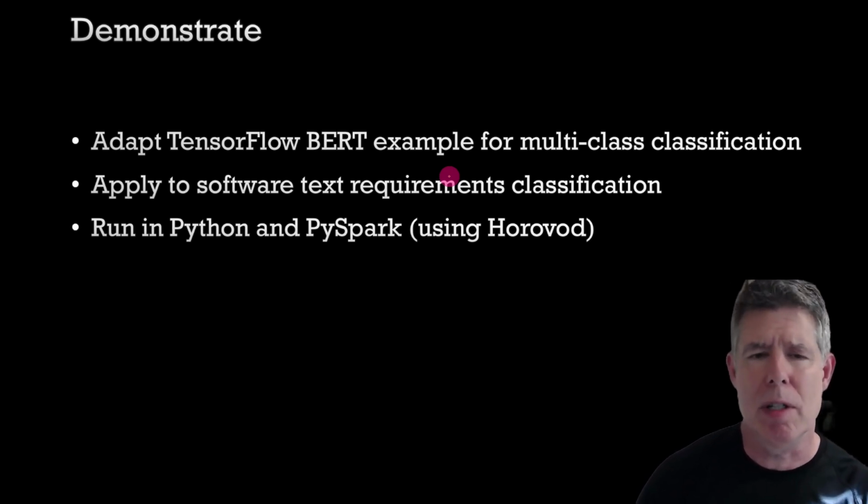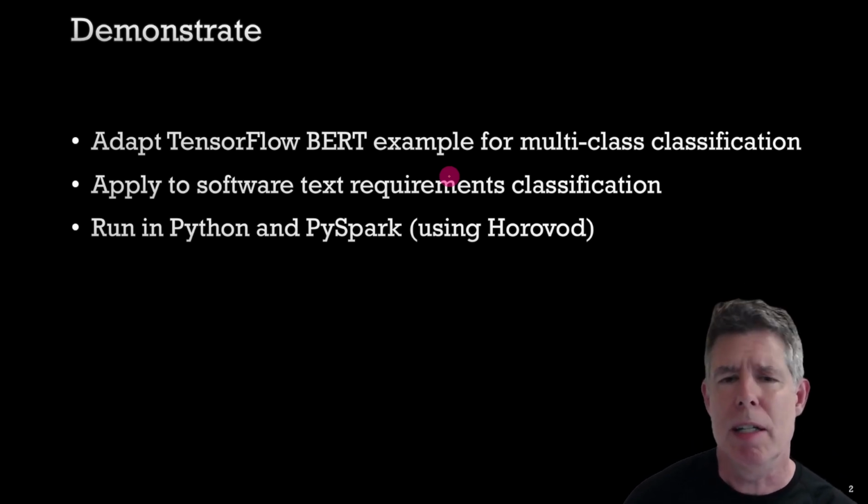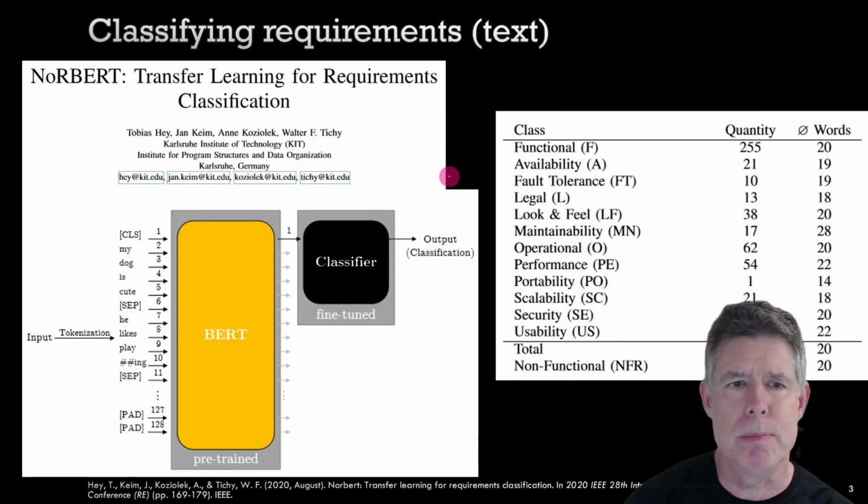In this case, it's similar to another project that's already been completed where the researchers used a BERT variation to classify software text requirements into different categories of non-functional requirements. I'm going to show how to run it in Python and also in PySpark using Horovod. And it's going to run on Google's cloud.